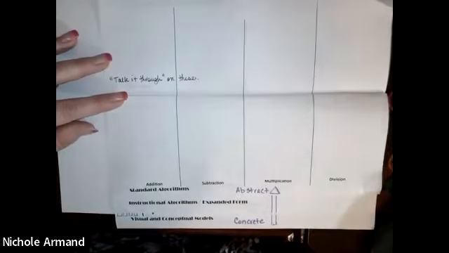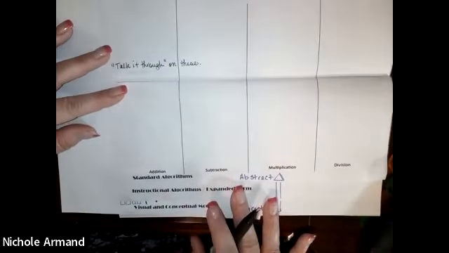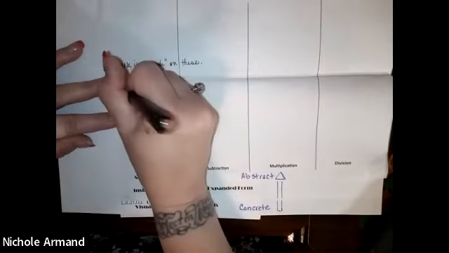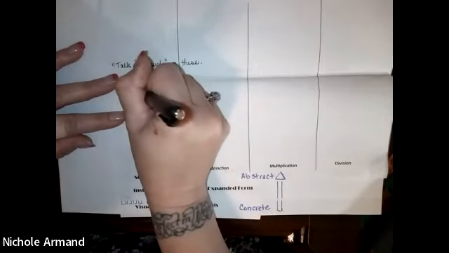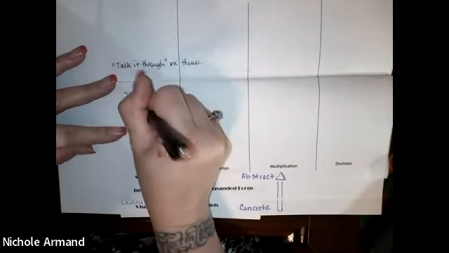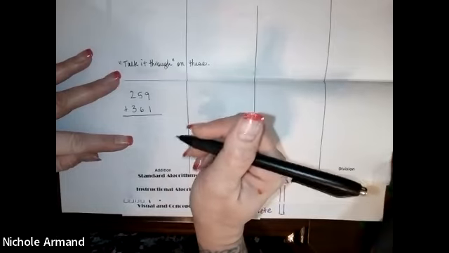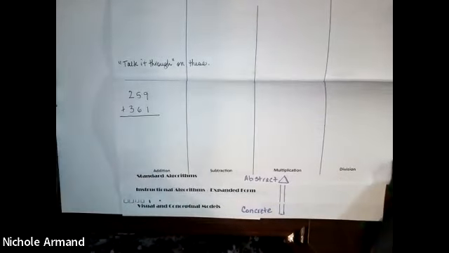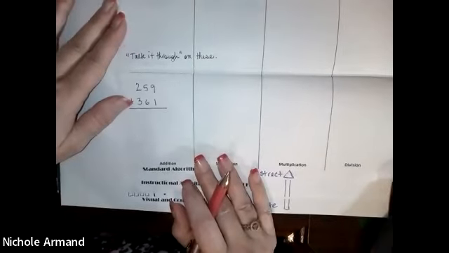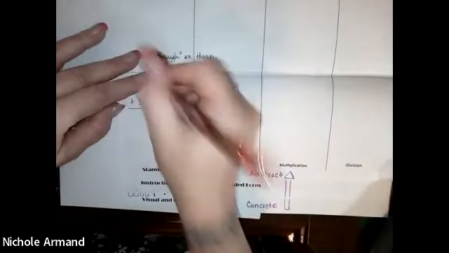And we're almost done with part 1 of this foldable. Yay. So let's do 259 plus 361. Okay, so let's start in the ones column. And we have 9 plus 1 is 10.